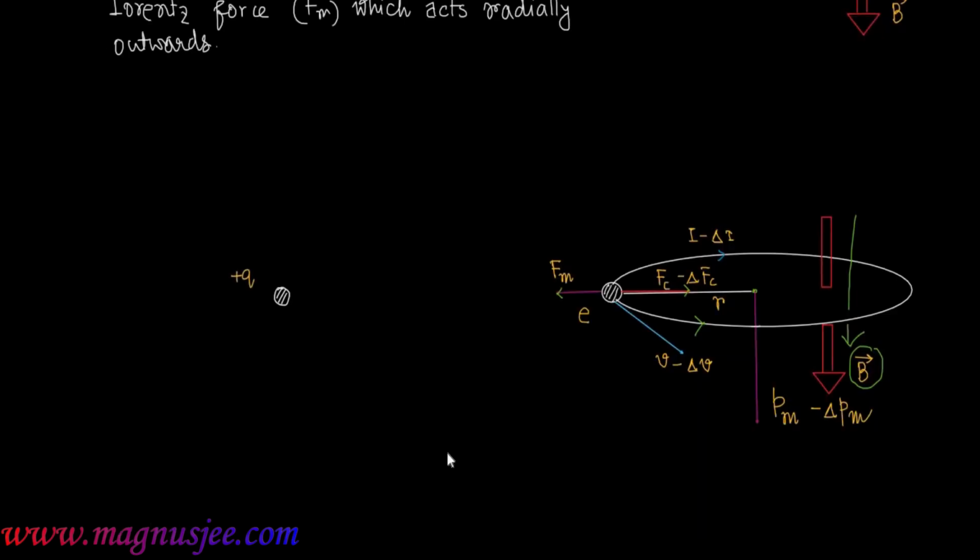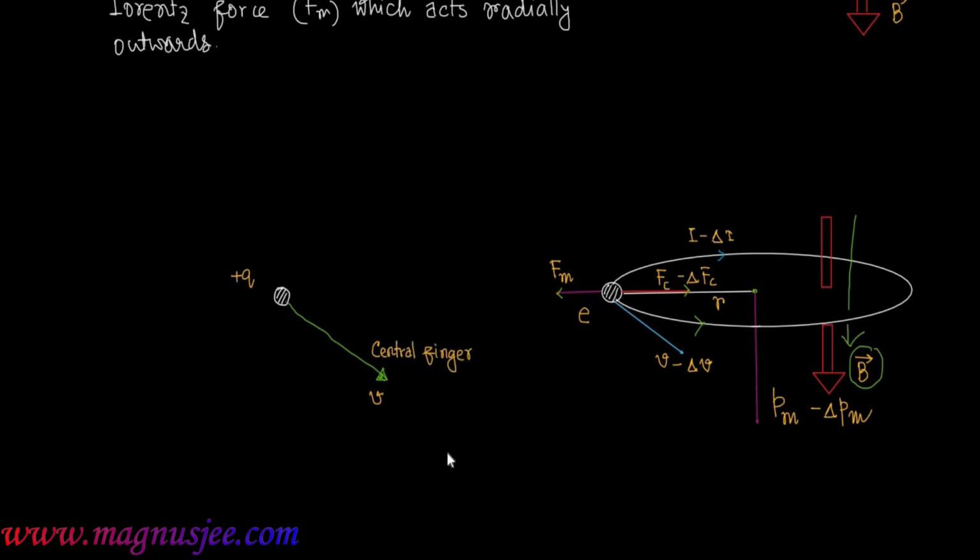So here we can consider that plus q is a positive charge which has a tendency to move with a velocity v outwards with respect to the horizontal circular orbit of revolution of the electron.